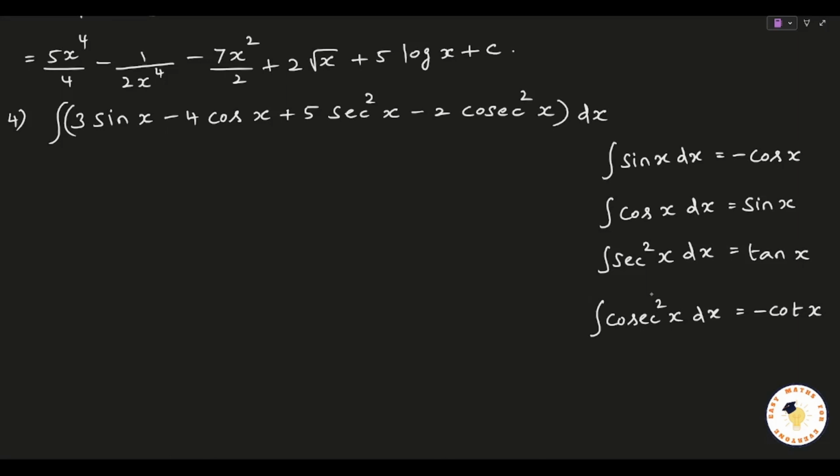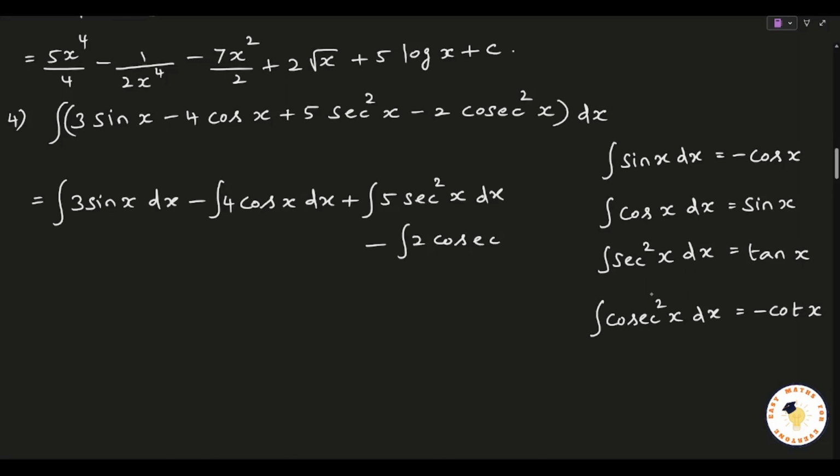First we can split these values into individual integrals. We get integral 3 sin x dx minus integral 4 cos x dx plus integral 5 secant square x dx minus integral 2 cosecant square x dx.